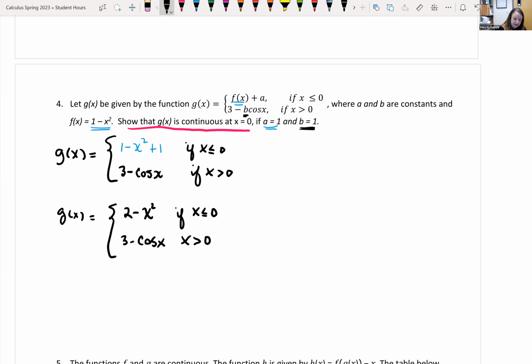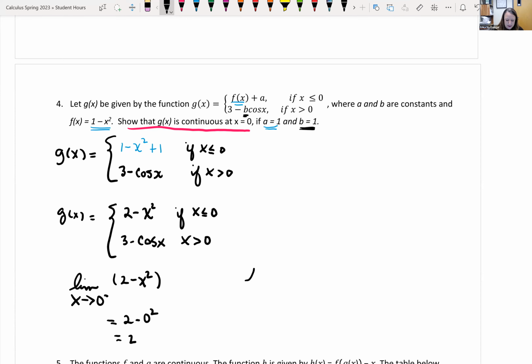So I need to look at the limit as x approaches 0 on the left-hand side, which means its values which are less than 0, which means I'm using the first equation there. Doing direct substitution in this, I get 2 minus 0 squared, which is 2.